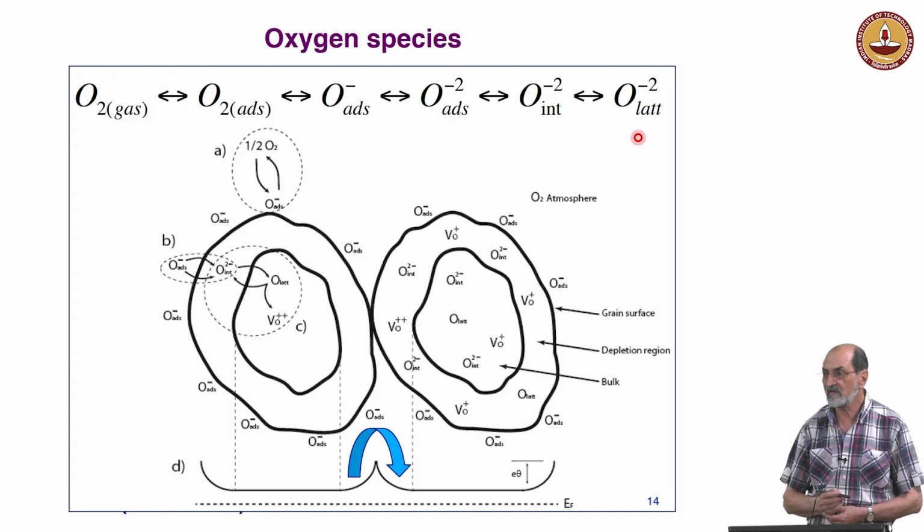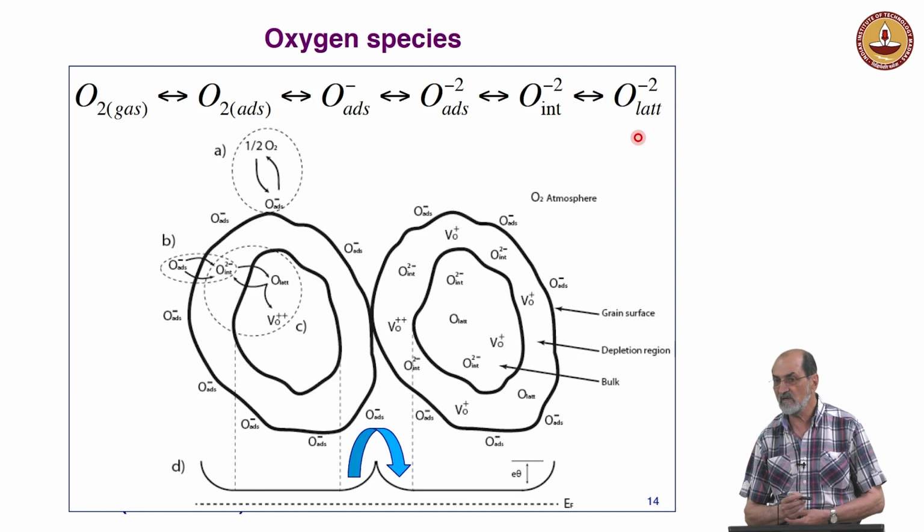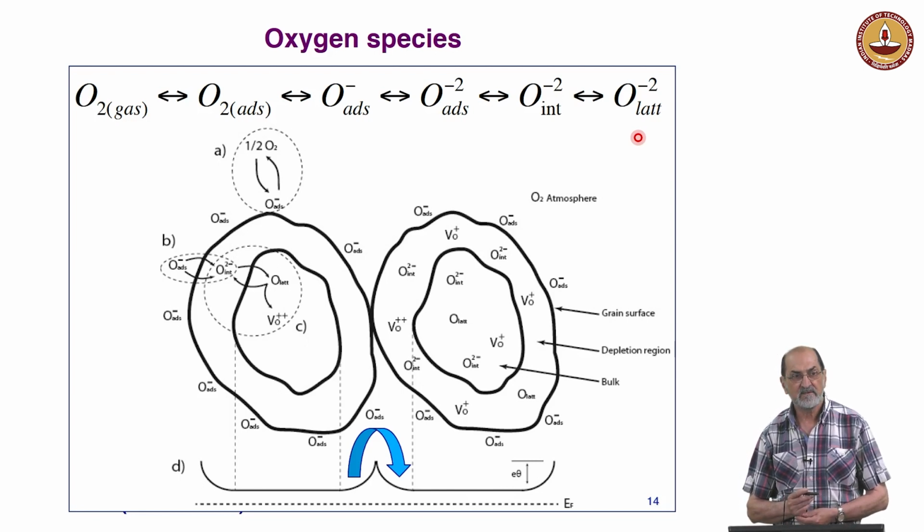Previously we had an oxygen vacancy, and now this oxygen coming from the atmosphere is filling that vacancy. If that is happening, the dopant concentration is going to be reduced. We are going to have a lower number of oxygen vacancies, so the donor concentration is going to drop.